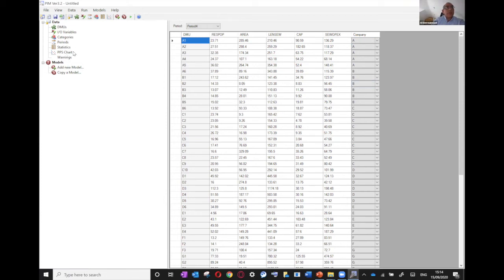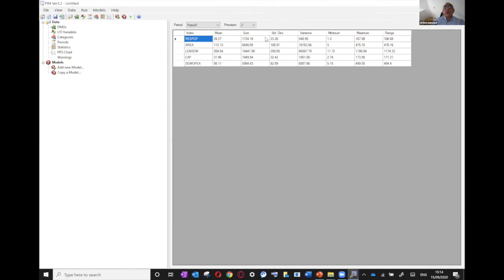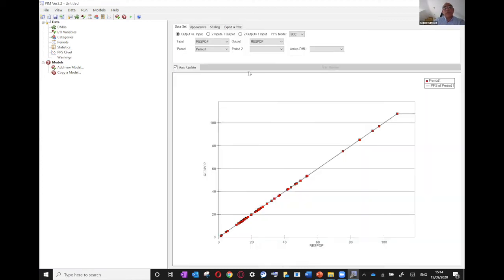The way that PIM software works, first of all, you have some information about the variables. For example, you can get the summary statistics of the averages, variance, minimum, maximum of each variable, just to check. You can also produce the production possibility set, the PPS.